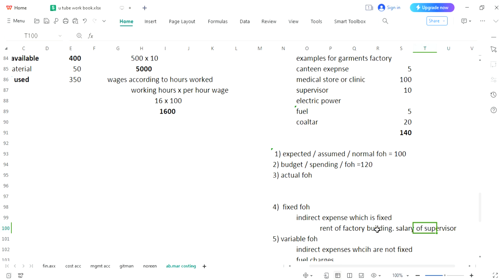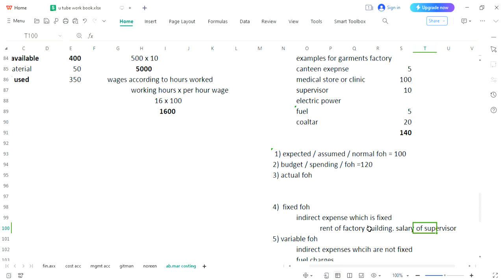But you have to build your concept: if the amount is fixed, whether production is at a lower level or at peak, whether you work one day in a month or the whole month, you have to pay a fixed amount. When it is fixed, it is called fixed FH.